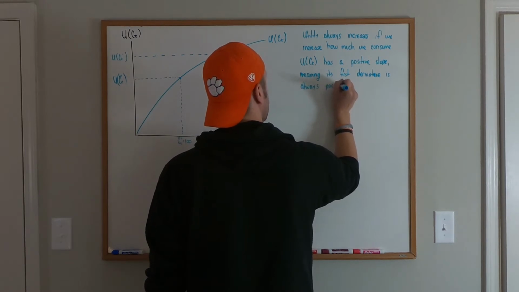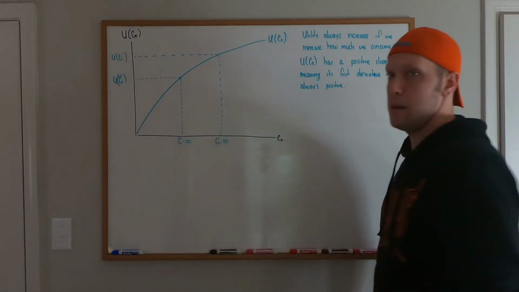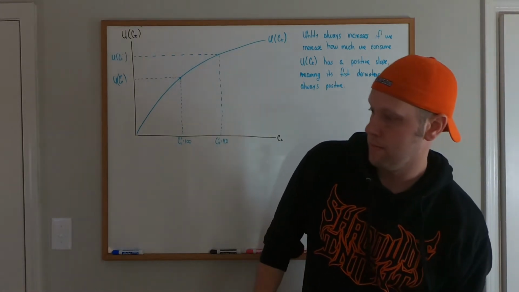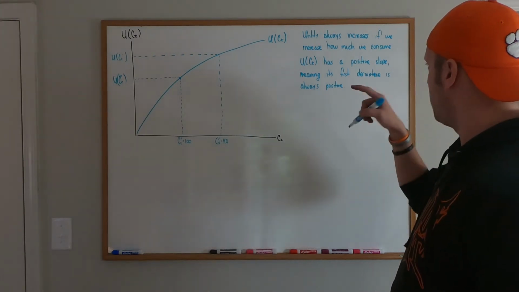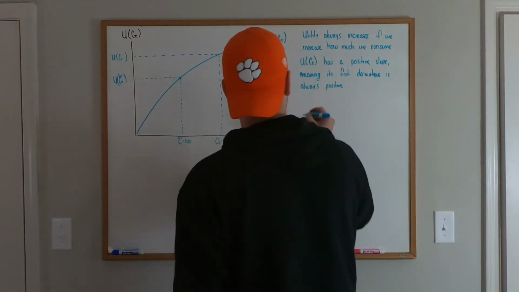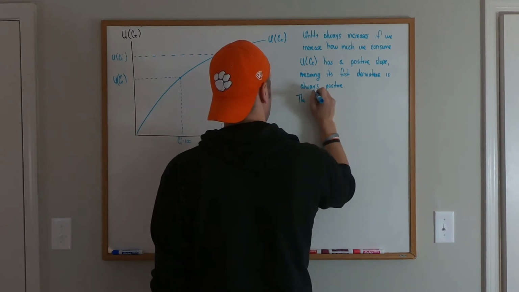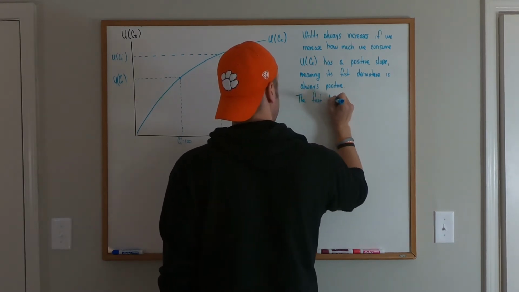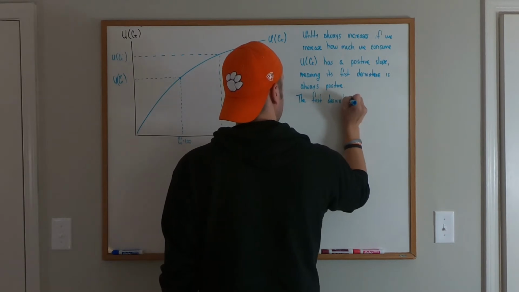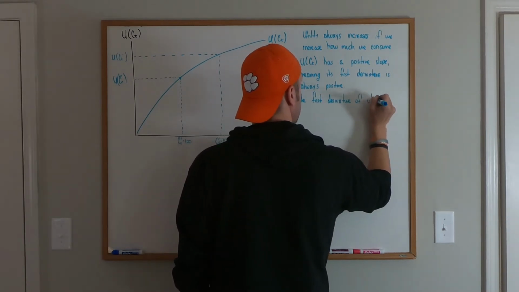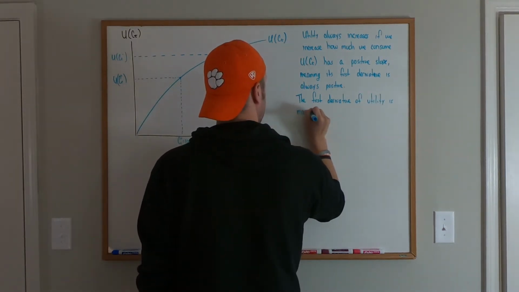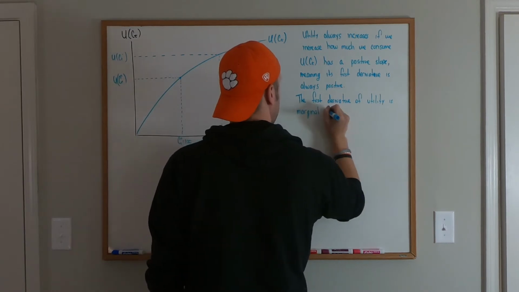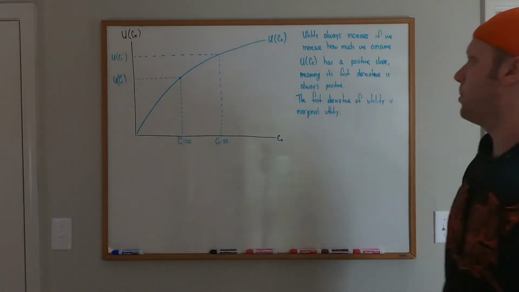And because it has a positive slope, its first derivative is always going to be positive. What does that mean? Well, the first derivative of the utility function is marginal utility.